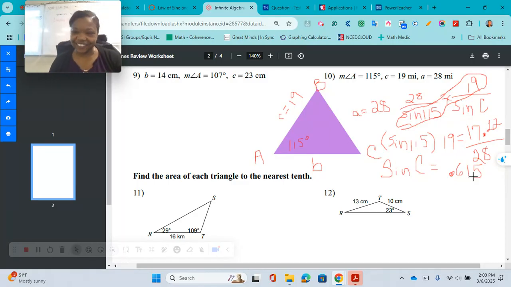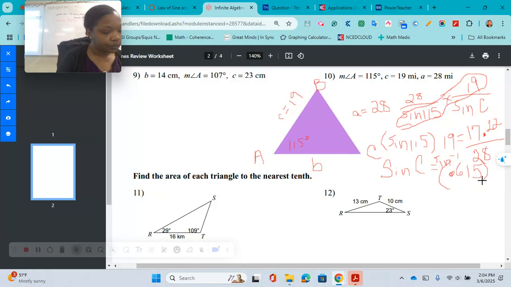The inverse. That's why we have to keep going over it until y'all remember this by heart. All right, the sine inverse of 0.615 is 37.95. They said round to the nearest tenth. So the degree would be 38.